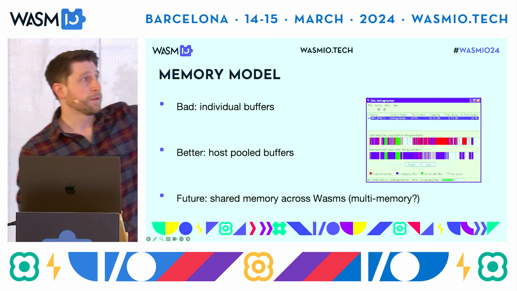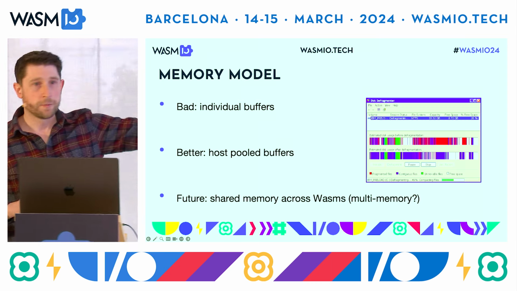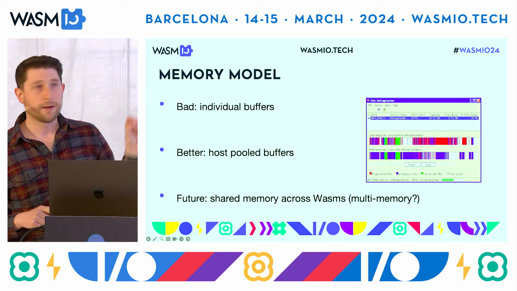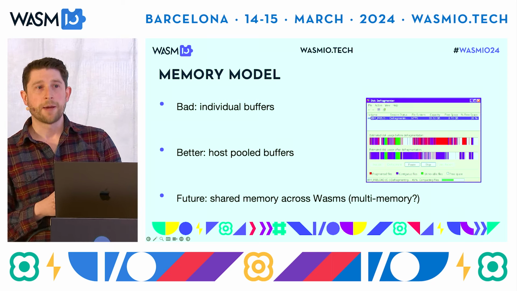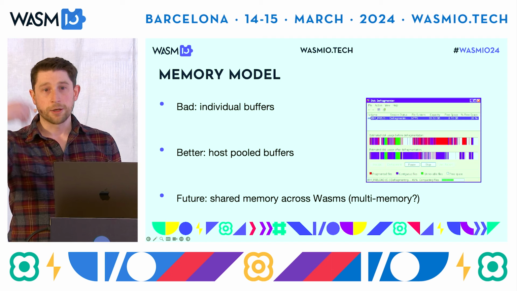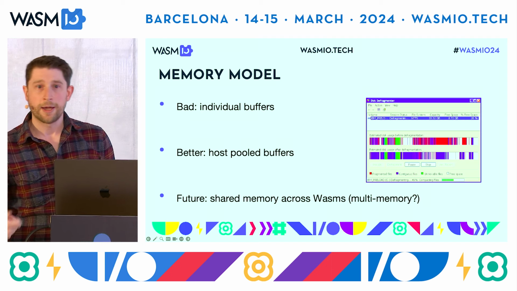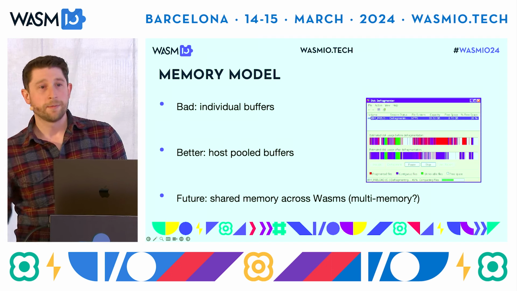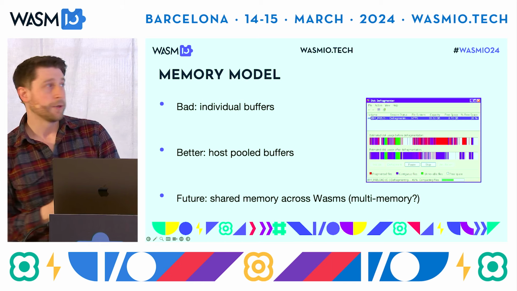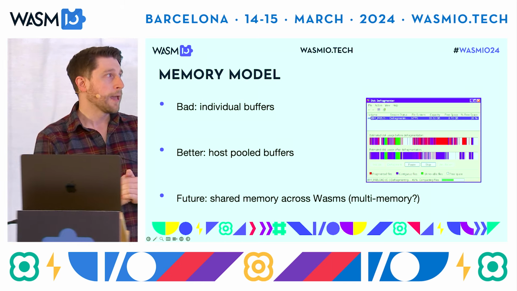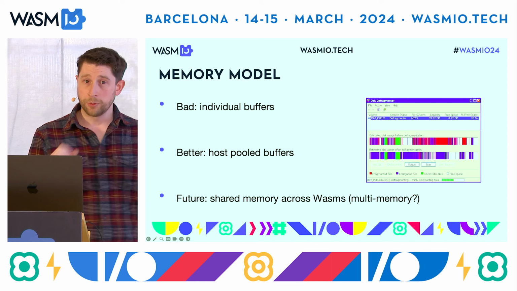Given that background, there are a few different approaches. Individual buffers per node in a render tree is the naive approach, and it means too many mem copies. You iterate the render tree, create a GPU buffer using the host API, and upload in real time, and then your pipeline throughput slows down. A better approach, which is the current approach, is pooled host buffers.